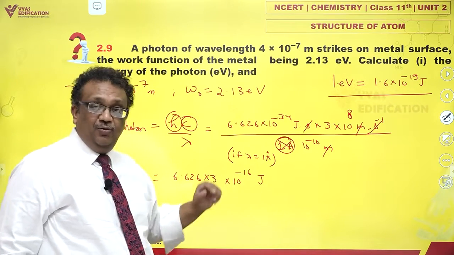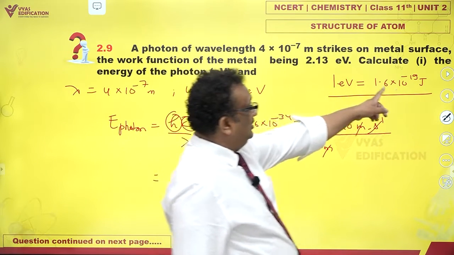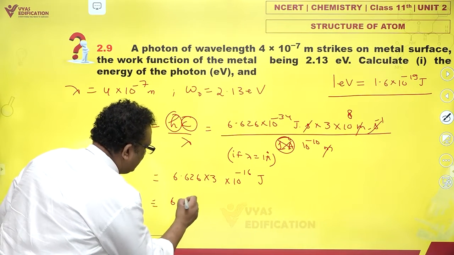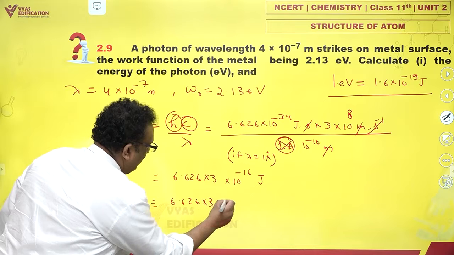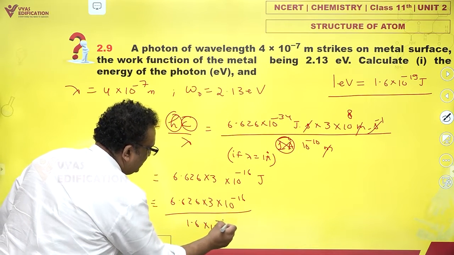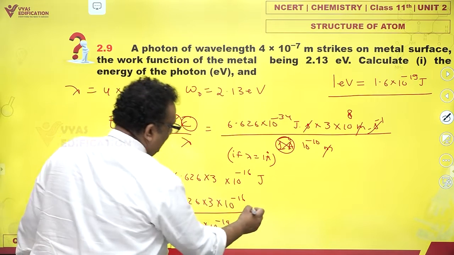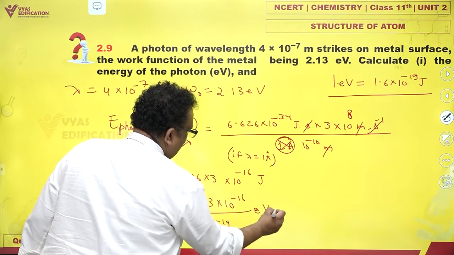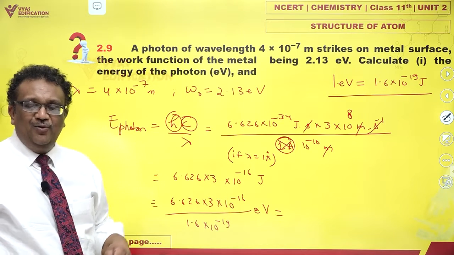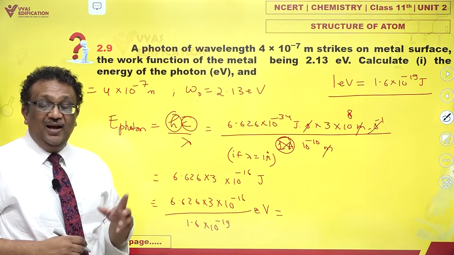This is the energy of 1 photon. Can I calculate this in electron volts? Yes, it corresponds to 6.626 into 3 into 10⁻¹⁶ upon 1.6 into 10⁻¹⁹ electron volts. We can easily calculate that and get the number.